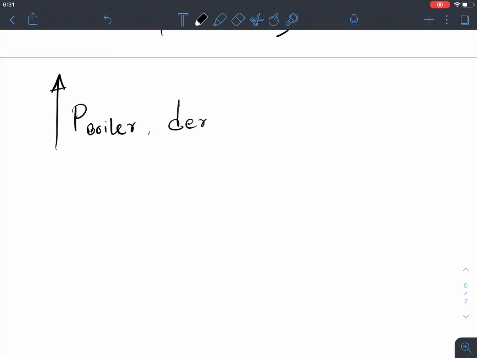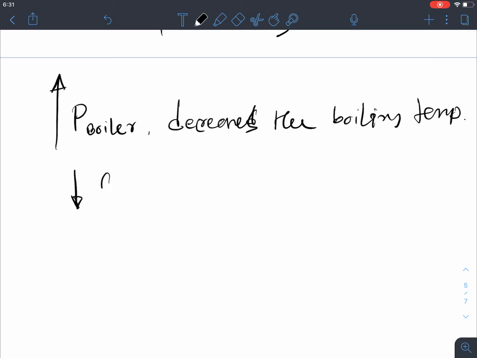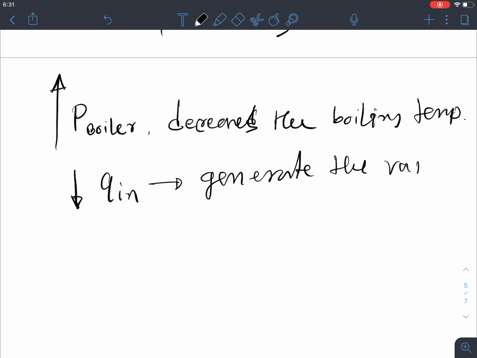it changes the boiling temperature. If the boiling temperature changes, that means it can take less Q in. With less Q in, it can generate the vapor, or the steam, right?